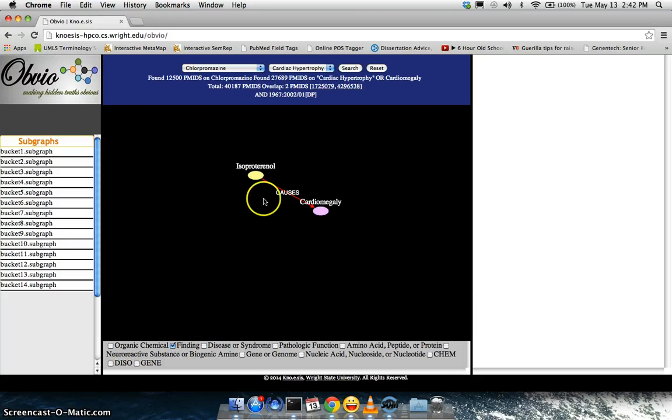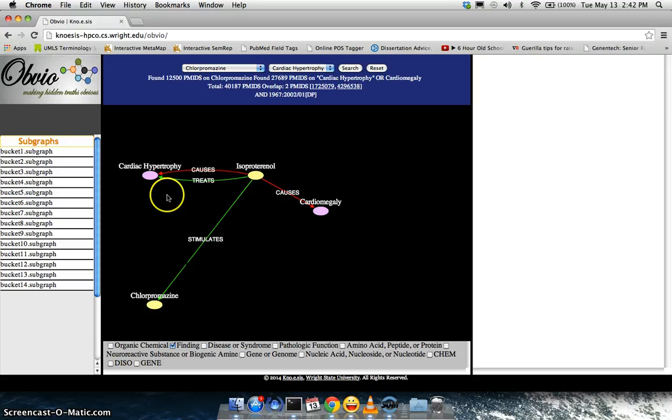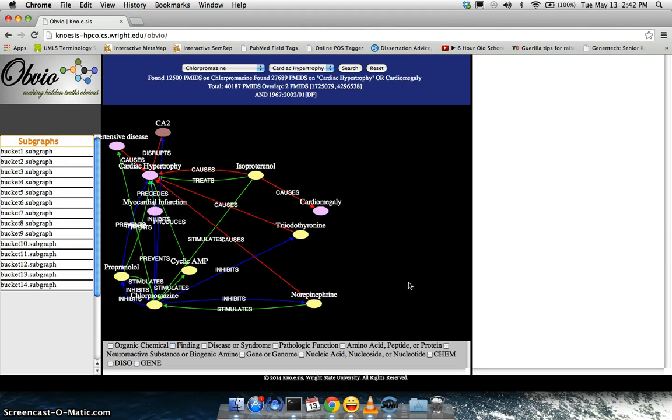By clicking on isoproterenol, all the entities connected using inlinks and outlinks to this entity in the graph are displayed. The original graph can be restored by clicking anywhere in the black region in the viewer.